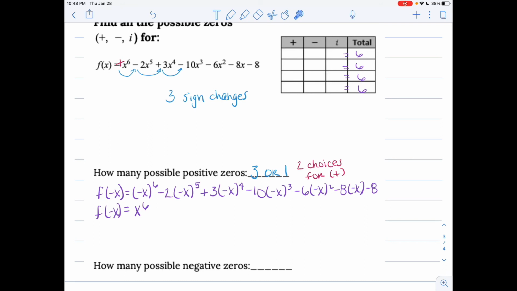So whenever I remove the parentheses here, it's going to be a negative x to the fifth, and I need to multiply that by negative 2. The two negatives make a positive 2x to the fifth. And then we continue the same way. If I see an even power, the overall x to that power is going to be positive, and if I see odd, it will be negative. So I'm going to have a plus 3x to the fourth, a plus 10x to the third, and then a minus 6x squared, plus 8x, and minus 8.